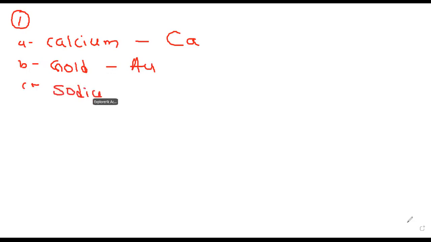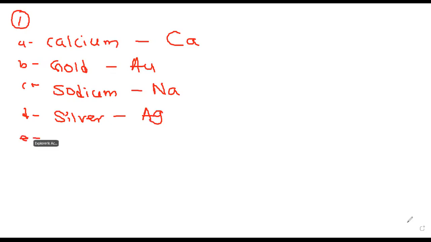Sodium's chemical symbol is capital N, simple a. D, silver. Silver's chemical symbol is Ag. Next one is mercury. Mercury's chemical symbol will be Hg.